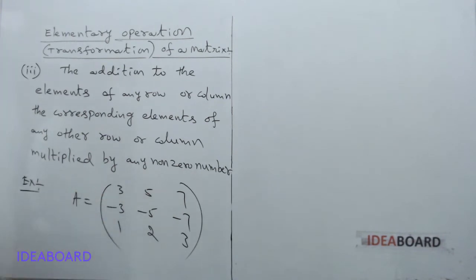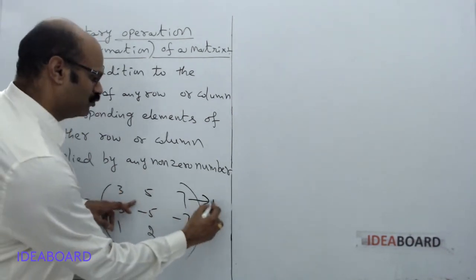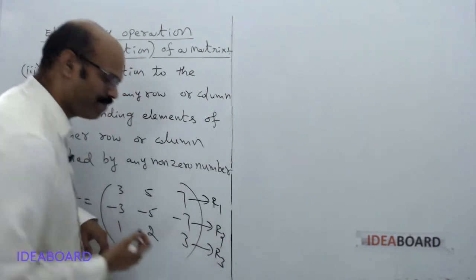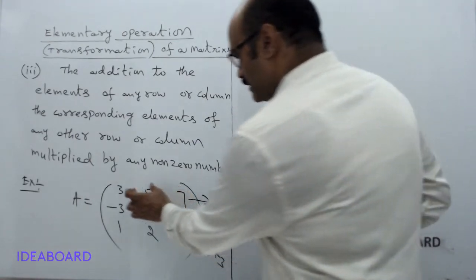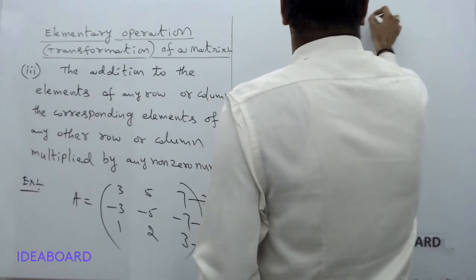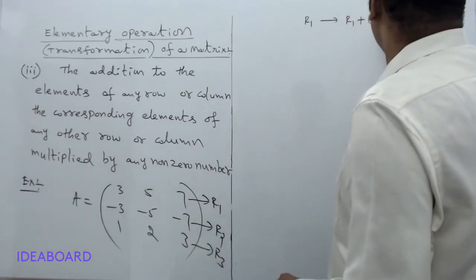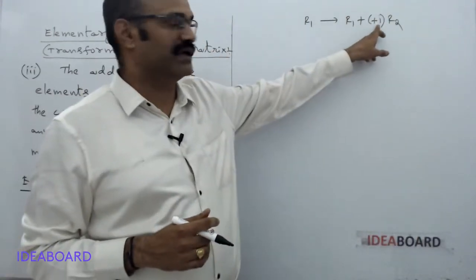This is row 1, row 2 and row 3. Now we take R1 implies R1 plus 1 into R2. Here the scalar is 1.